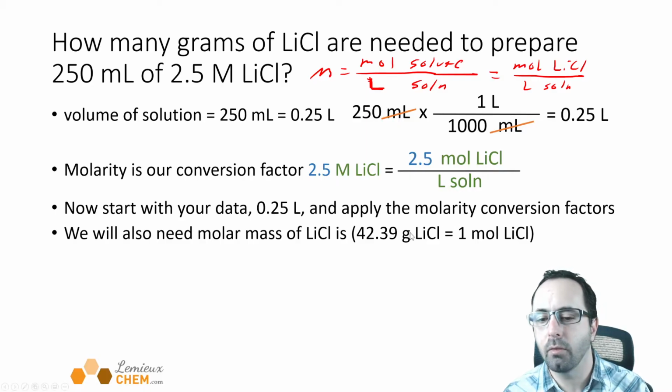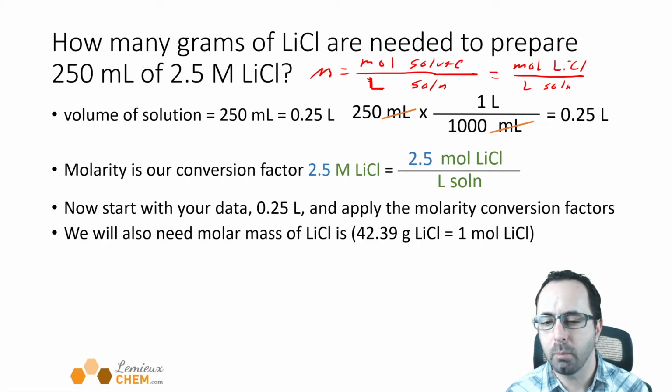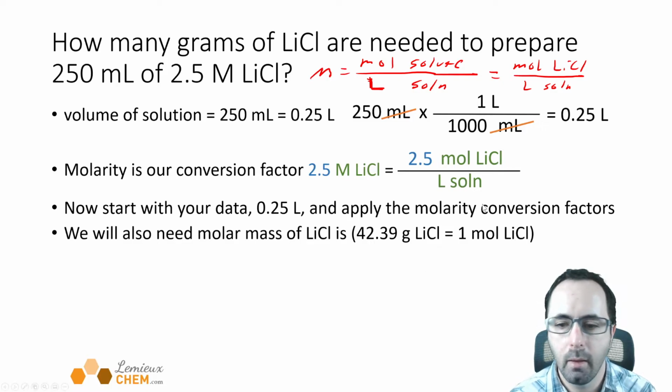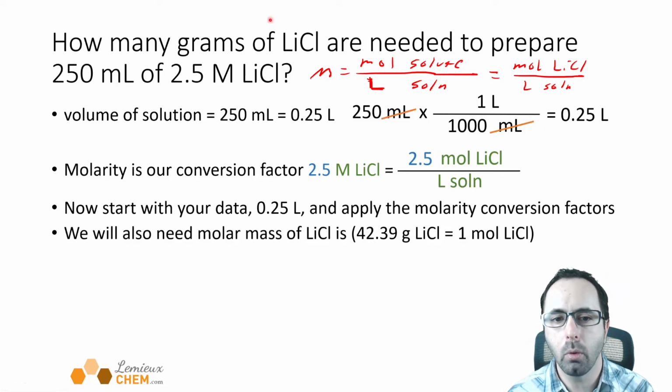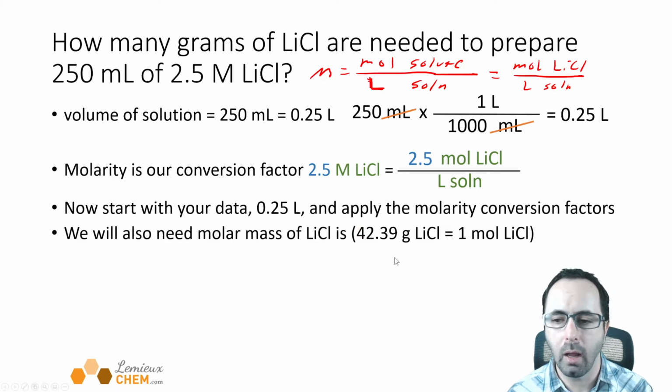So the molar mass is 42.39 grams of lithium chloride is 1 mole of lithium chloride. That will get us between moles and grams, because molarity is going to get us to moles, but we're asked for grams. So we're going to need that molar mass to go from moles to grams.